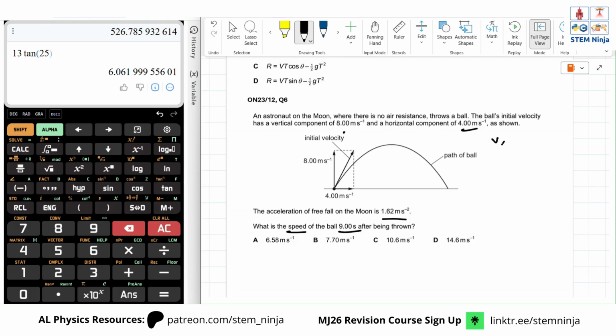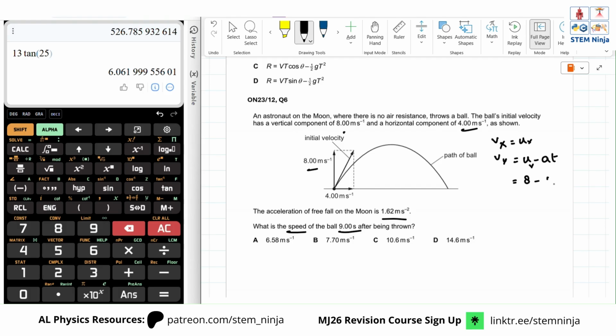So Vx will remain as ux because horizontal velocity is not changing. But we do need to find Vy after 9 seconds. So Vy is the initial velocity uy minus gt.